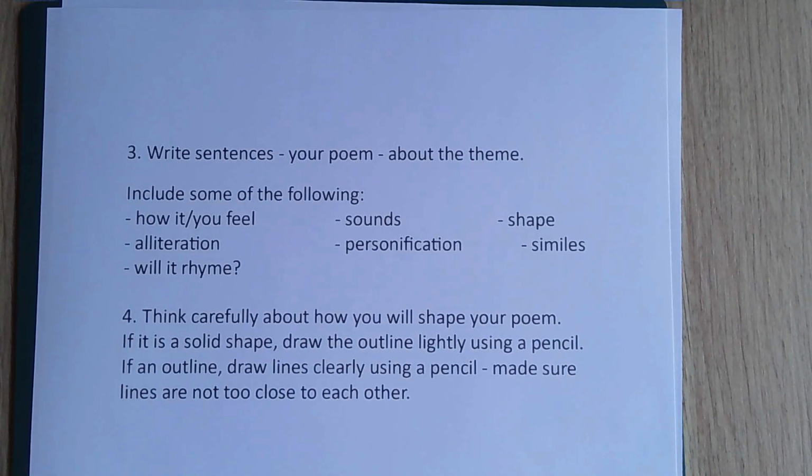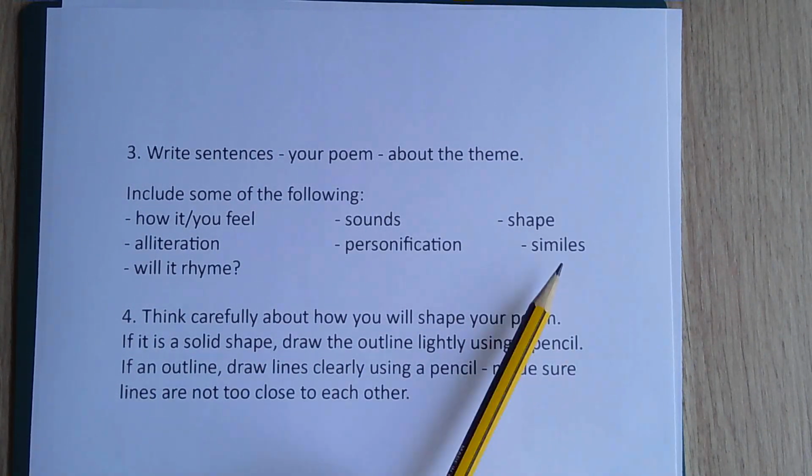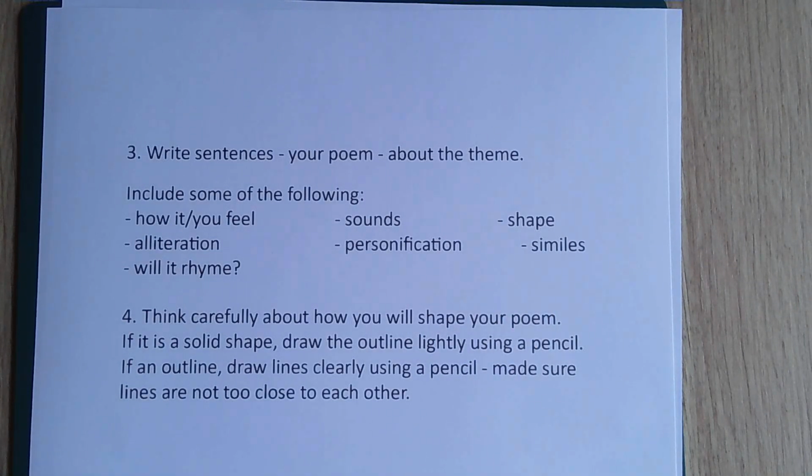Personification is when you give something human characteristics. So, for example, the water roared. Similes compare two things that are quite similar using like or as, and you might want to give it a rhyming scheme if it's applicable.